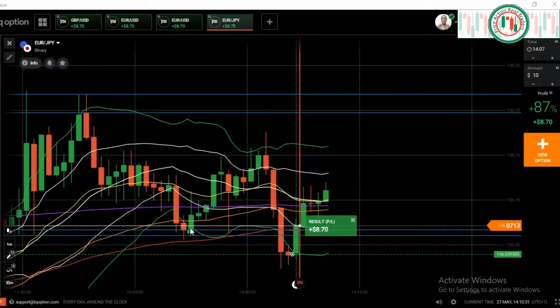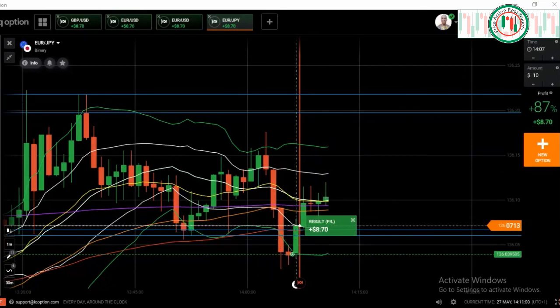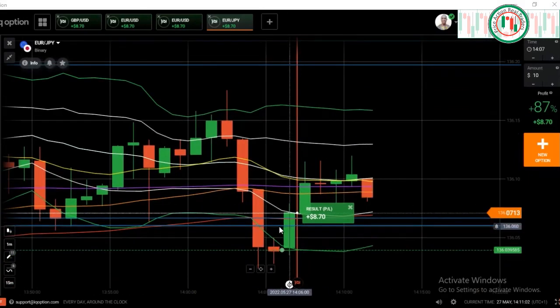You see here the whole candle engulfs these 2 candles, then the market comes and breaks this zone from here, because of the ranging market. From here to here is the zone. Then the market broke the zone, weak candle. Then I placed my trade call option here. You see strong bias at the zone.